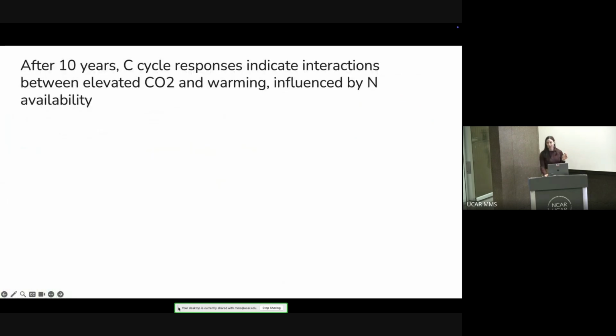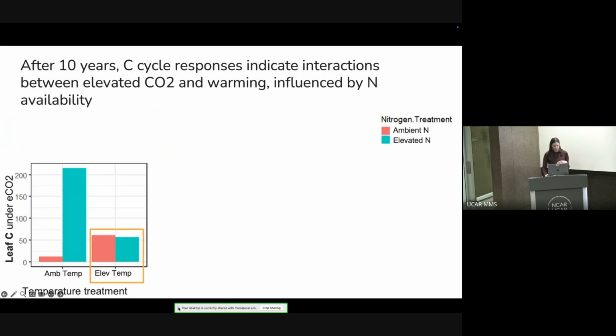Okay, so I'm going to show you some observational data now. This is after 10 years of the experiment. It seems that carbon cycle responses indicate interactions between elevated CO2 and warming, and that those interactions are influenced by nitrogen availability. I'm going to show you a series of plots like this, showing responses of carbon pools to elevated CO2.